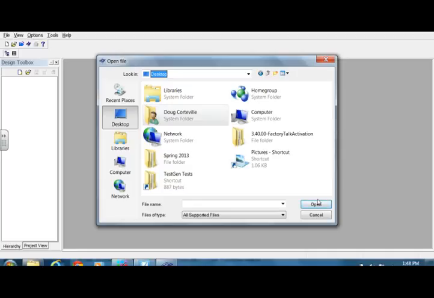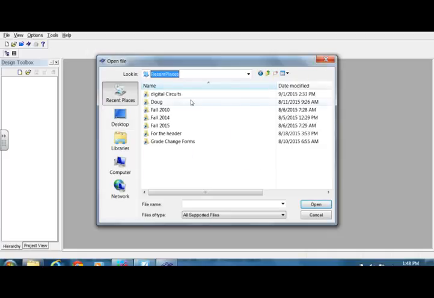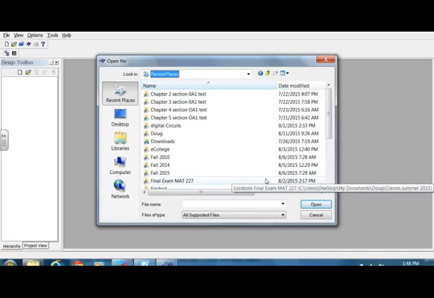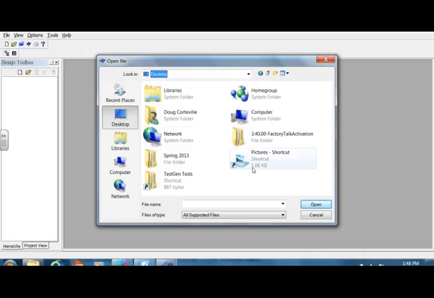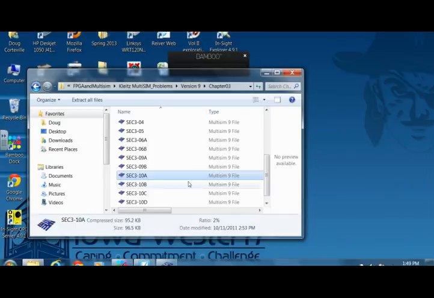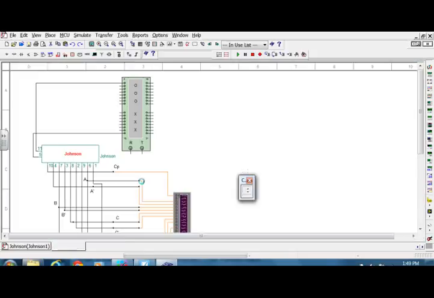I don't see it. I just saw it a minute ago before you went to desktop. Recent places. FactoryTalk authorization, network. How come they're not all there? Aha.